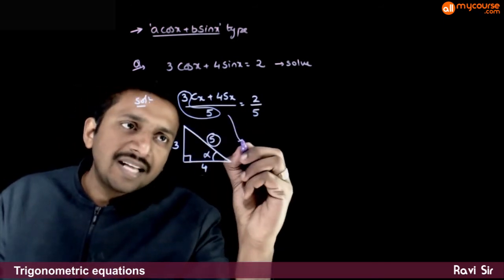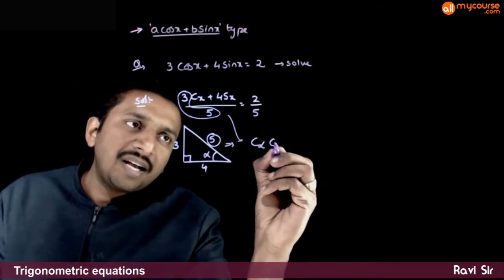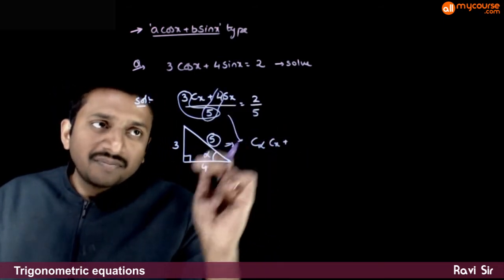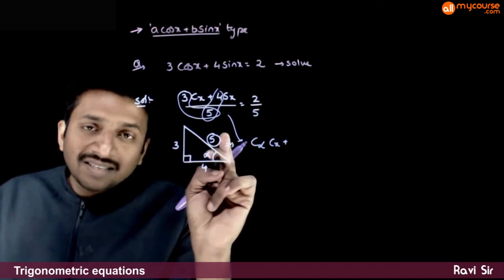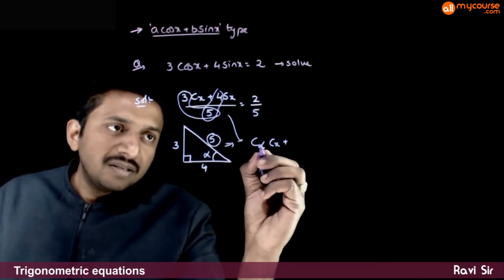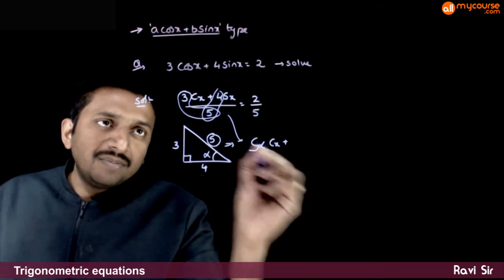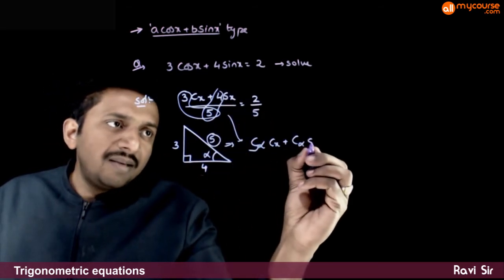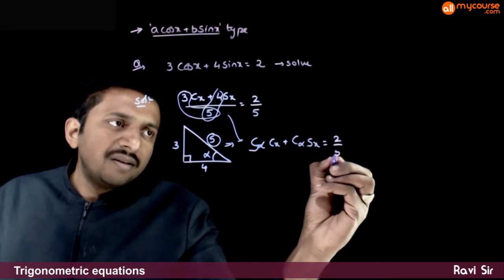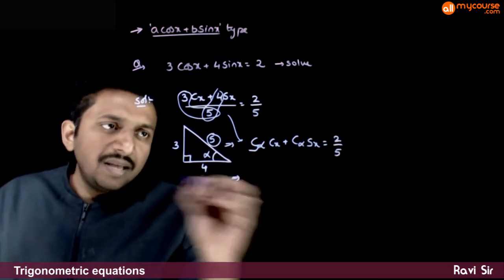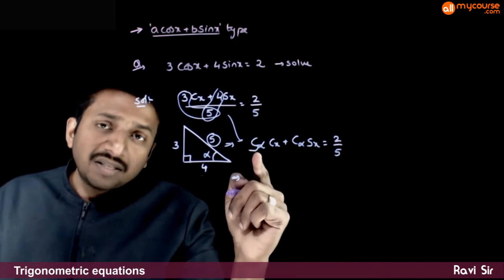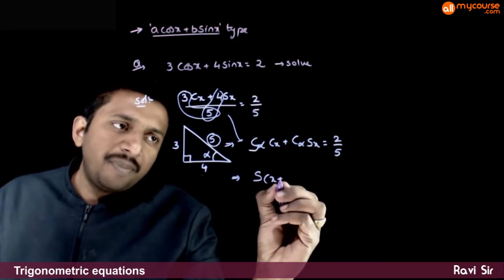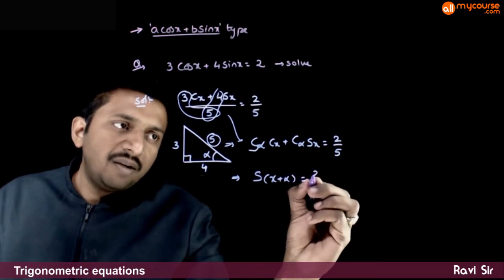So I can write this expression as cos alpha times cos x plus sin alpha times sin x, is equal to 2 by 5. As you can see, this is of the form sin a cos b plus cos a sin b, so this can be written as sin of a plus b: sin of x plus alpha is equal to 2 by 5.